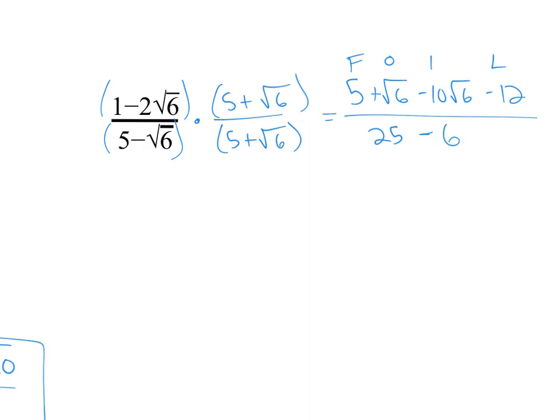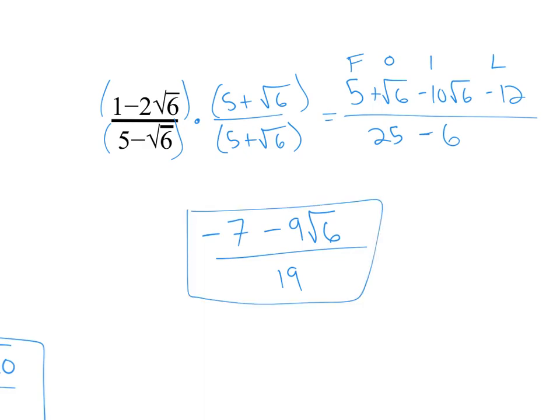Up top, you see that we have the 5 and the negative 12 that can be combined to make negative 7. We also have two like terms as far as these radical 6 terms. So if we had 1 square root of 6 and we subtracted 10 square root of 6, that would take us to negative 9 square root of 6. On the bottom, 25 minus 6 ends up being 19.